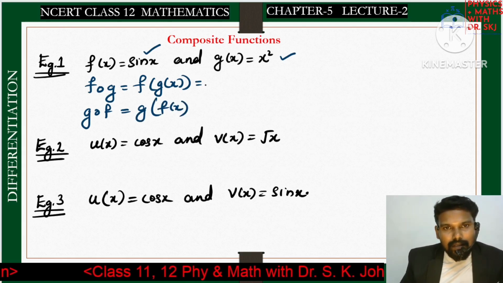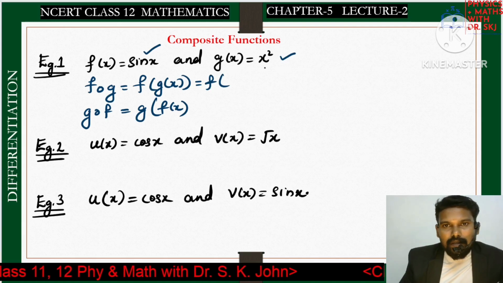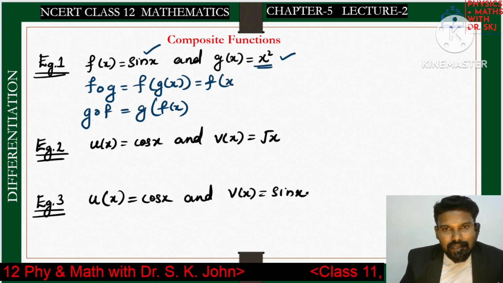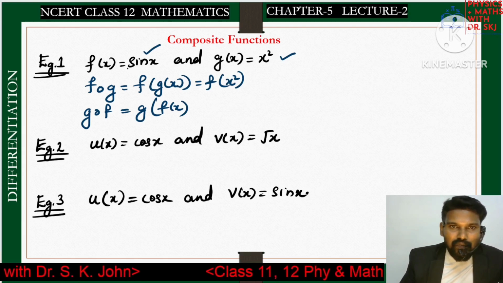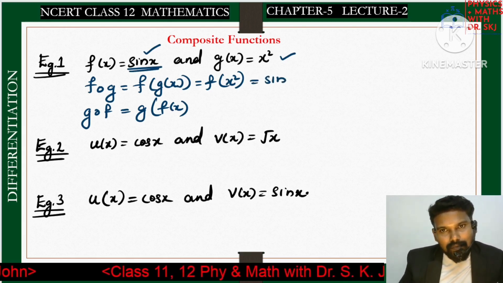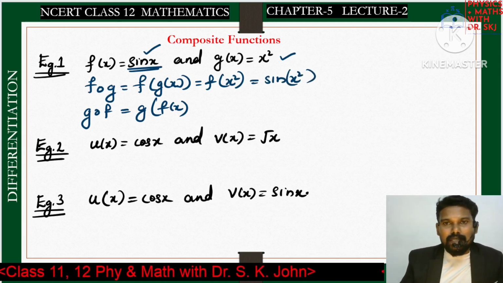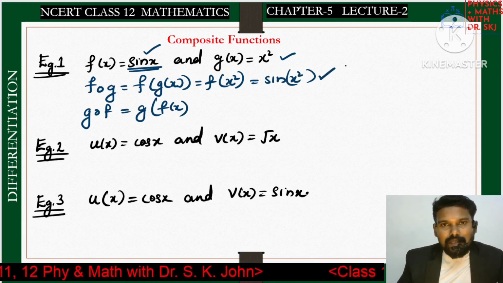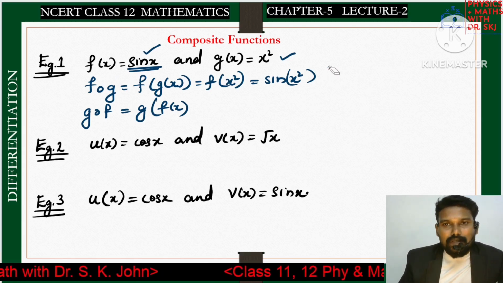So here f of g of x means f of what? G of x is x square, f of x square. So f of x square means sine x square. So this is f composition g, or this is one of the composite functions that we can make using f of x and g of x.